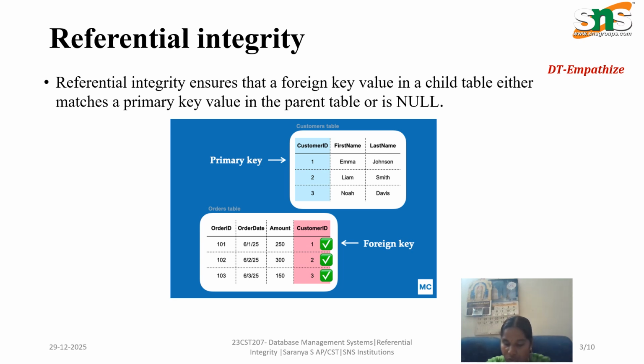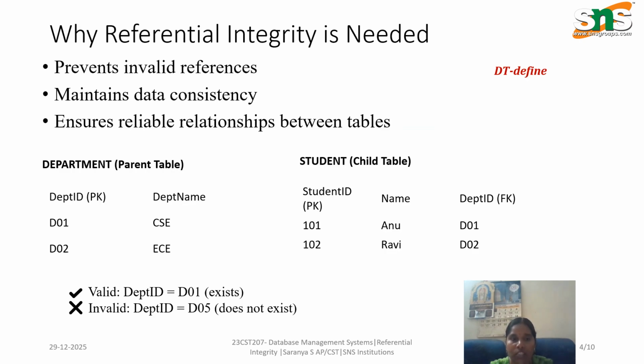They are used to guard against accidental damage to databases. The types of integrity constraints are domain constraints, entity integrity constraints, referential integrity constraints, and key constraints. First, the domain constraint.